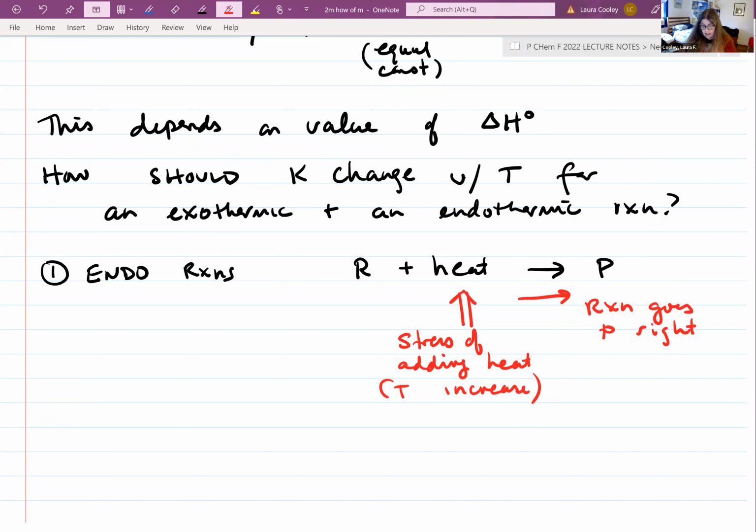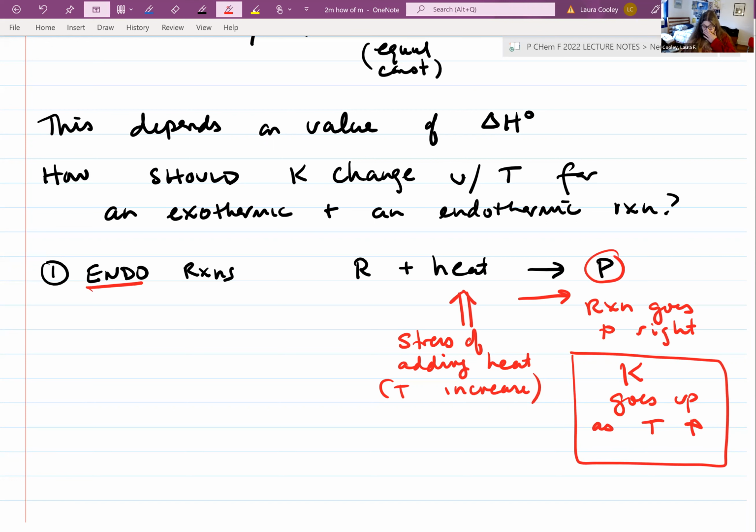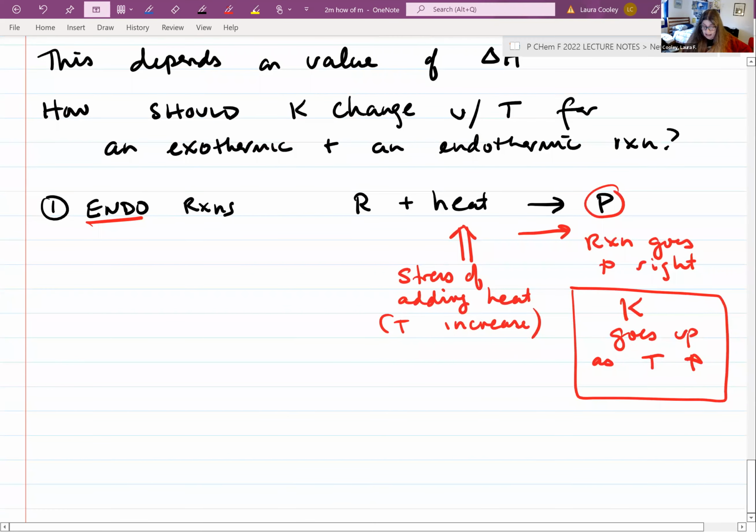Now you're favoring products more. So K goes up as the temperature goes up. That's for an endothermic reaction: you have a greater K at a greater T.